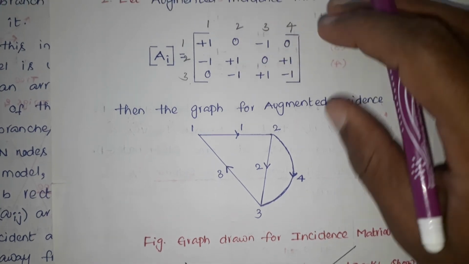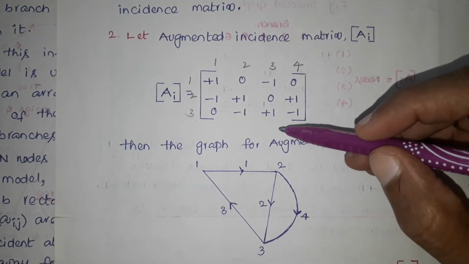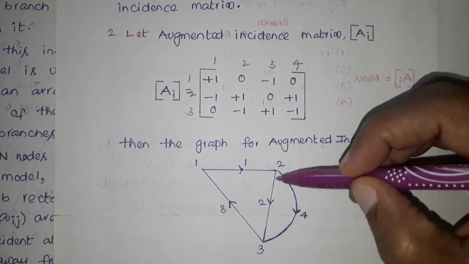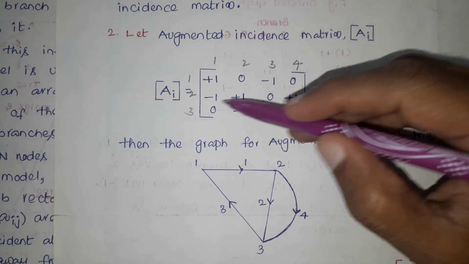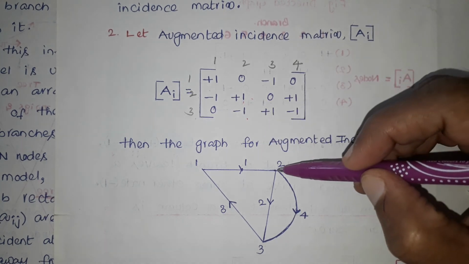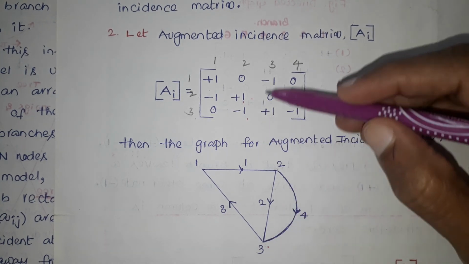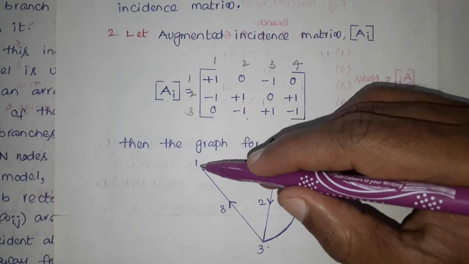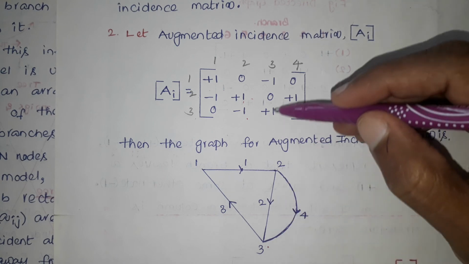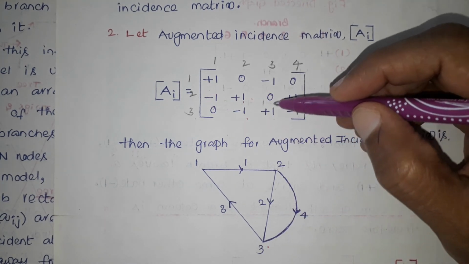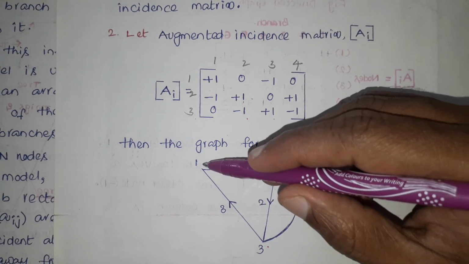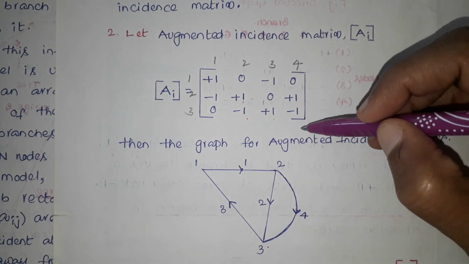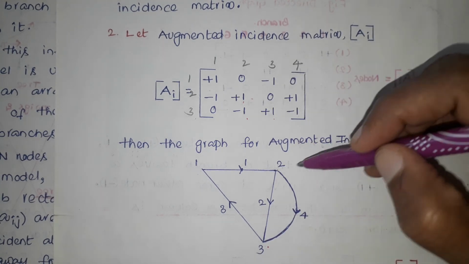Similarly, the second branch is connected between the second node and third node, leaving at the second node and coming to the third node. The third branch is connected between the first node and third node, leaving at the third node and coming to the first node. Similarly, the fourth branch is connected between the second node and third node, leaving at the second node.